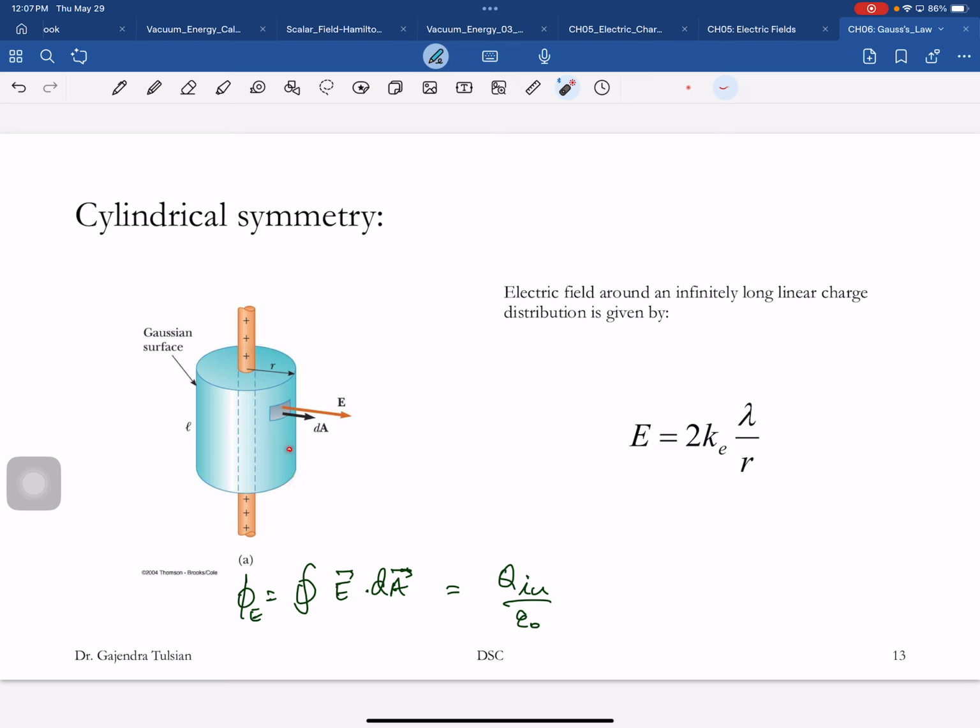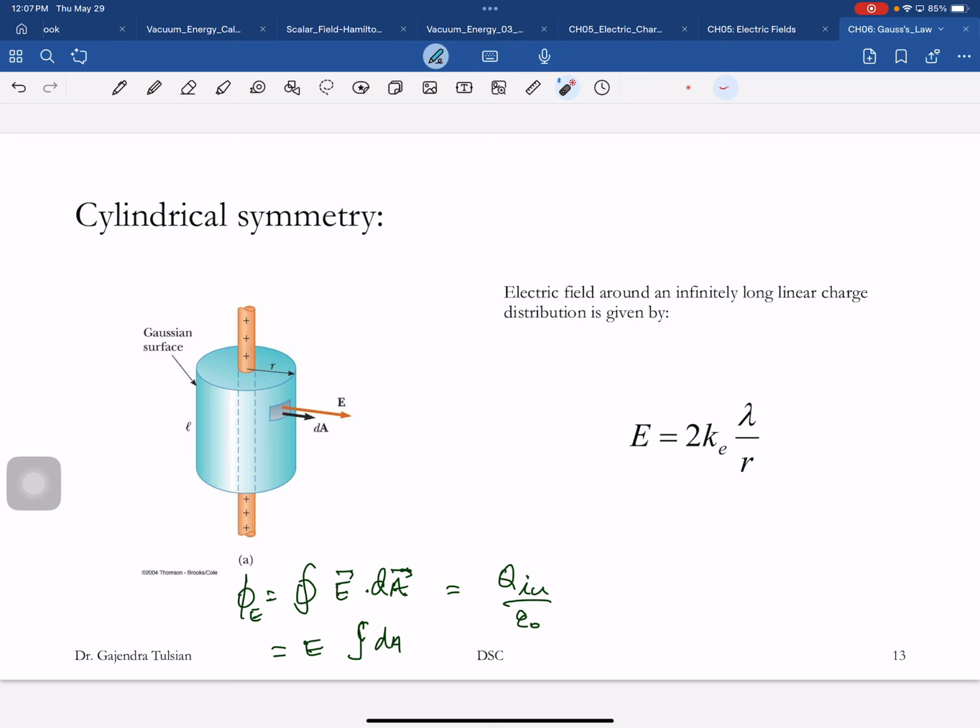So there is only flux through this side face. And remember the electric field is constant, so it comes out. The electric field and dA are parallel to each other, so it's E dA. So it's just the area of that surface, the area of this side.